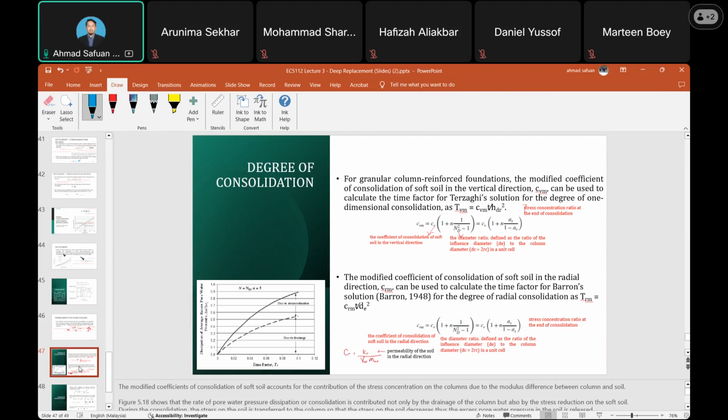Then the degree of consolidation. This is part of the calculation to determine the degree of consolidation. For a granular column reinforced foundation, the modified coefficient of consolidation of subsoil in the vertical direction, CVM, where V represents the vertical, can be used to calculate the time factor for the Terzaghi solution for the degree of one-dimensional consolidation.